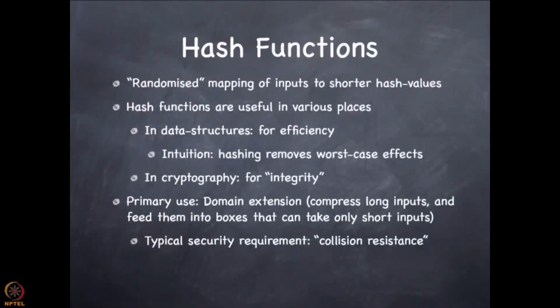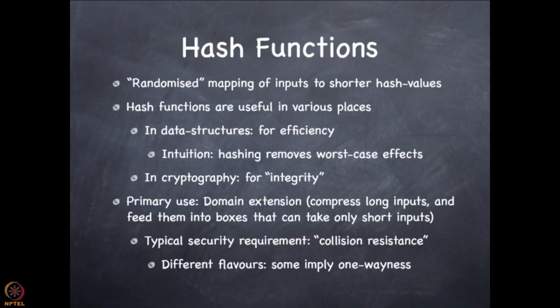There are many requirements people have of hash functions, but maybe the most important one is collision resistance. Collision resistance means you cannot find two inputs that hash to the same value, or it's hard to find such inputs. We'll see different flavors of this collision resistance in a bit.